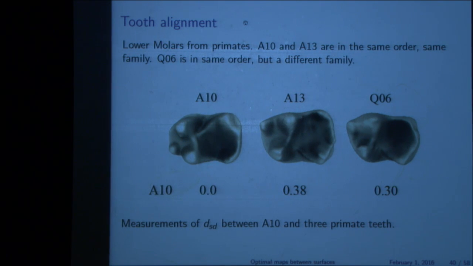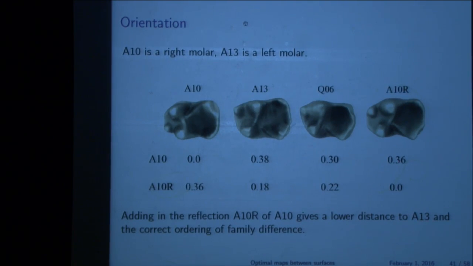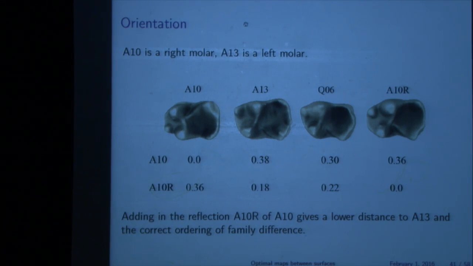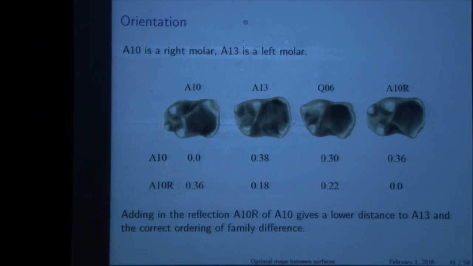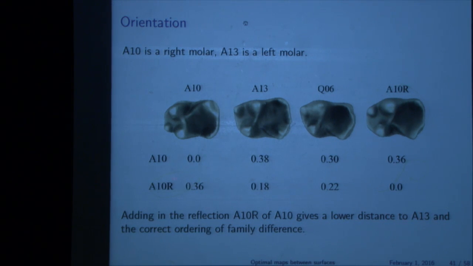But it turned out that in this study, they were using both right and left molars. And a conformal map preserves orientation. So what we did was we threw in the reflection of A10. The reflection of A10 is a different surface. Its distance from A10 is actually 0.36.